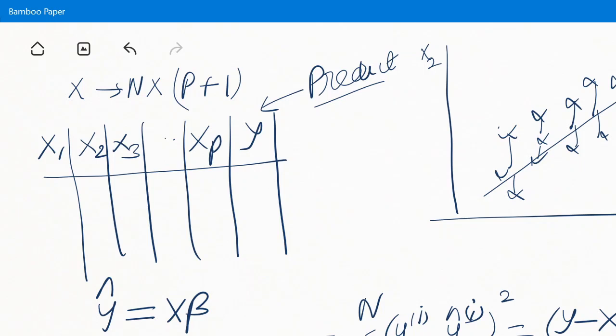And using this estimate of beta, we can predict the value of y as x beta. So this will be the predicted value for the obtained betas.